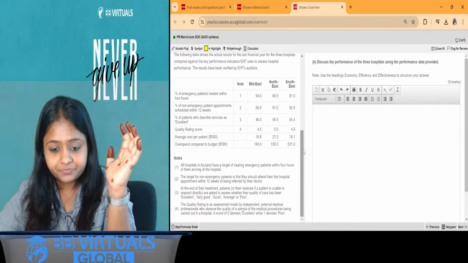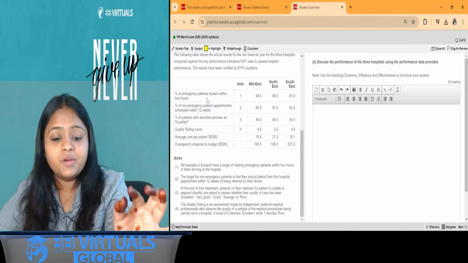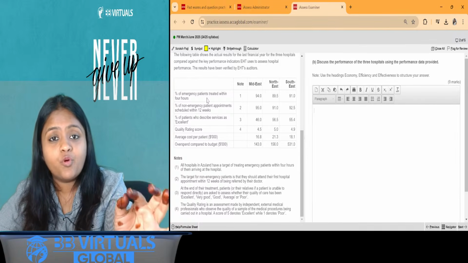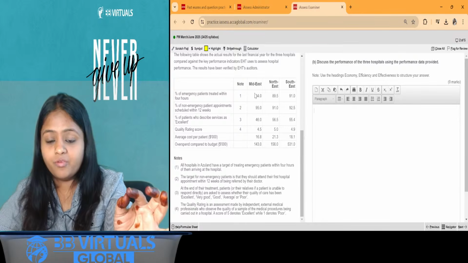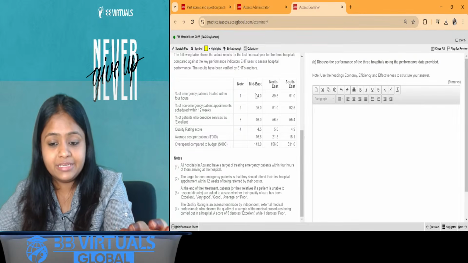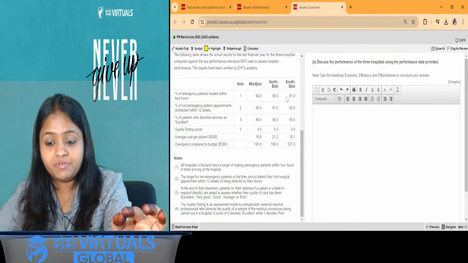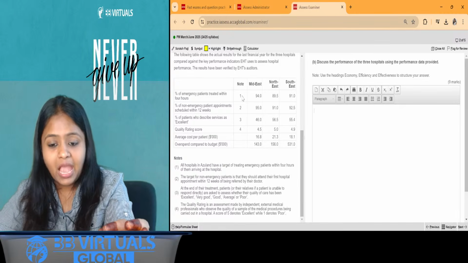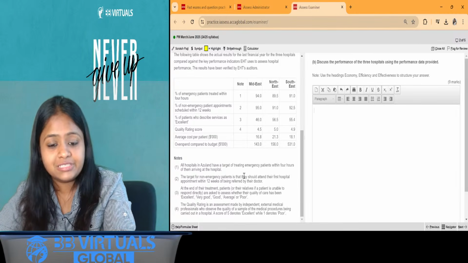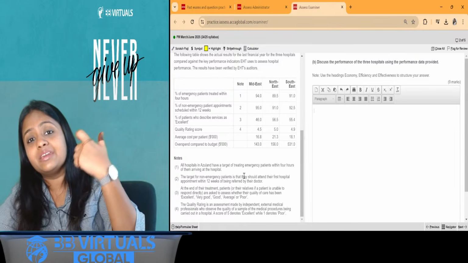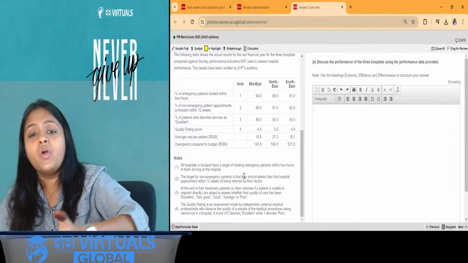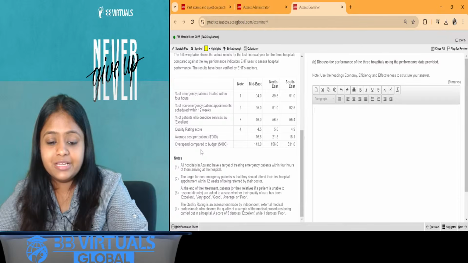Now look here. The percentage of patients that were treated within 4 hours: 94% for Mid East, Northeast 89.5 and Southeast 91%. I think it's better if we read the notes first and then read the data, because then I can relate how the different divisions are doing. So let's read the notes.